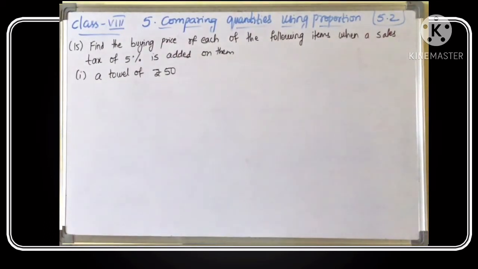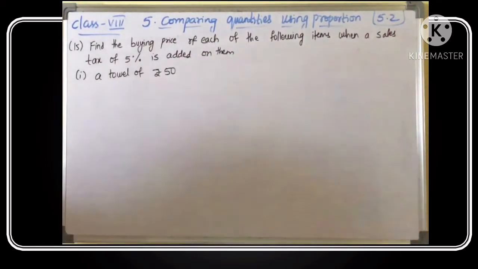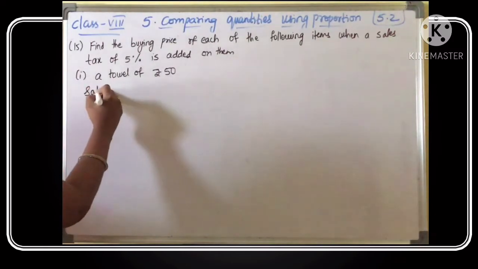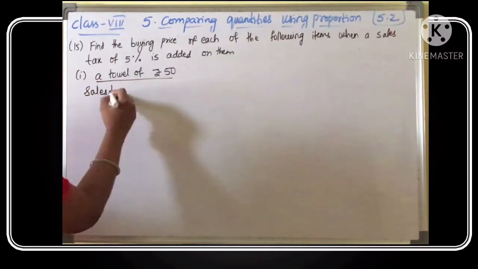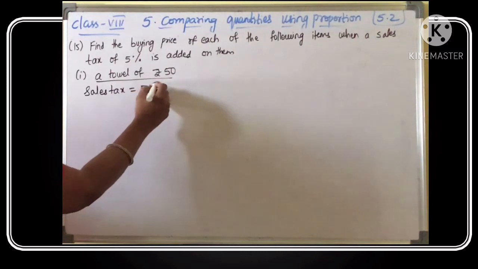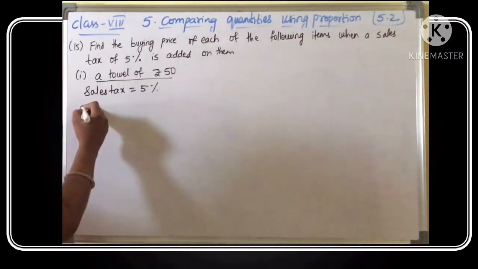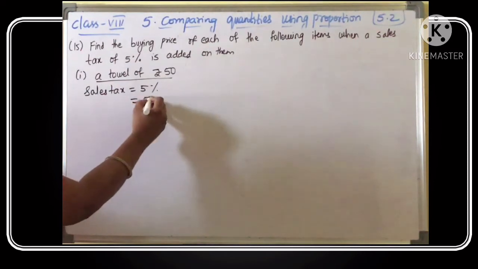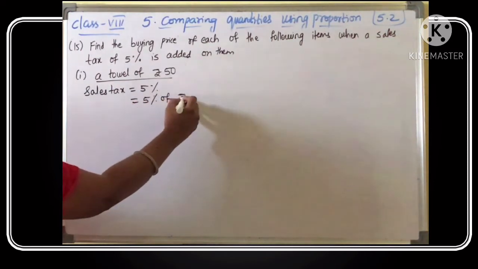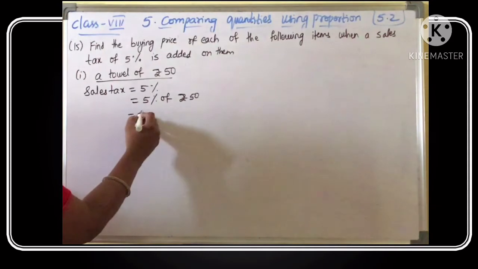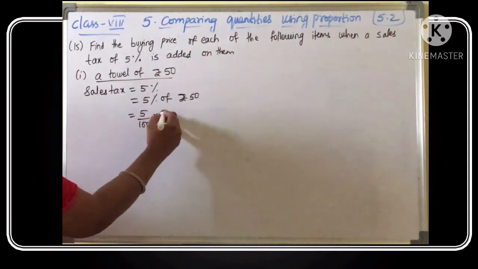Next, 15th question. Find the buying price of each of the following items when a sales tax of 5% is added on them. Here, the sales tax given is 5%, children. Now, the cost of the towel is rupees 50. So we will find the sales tax. That is 5% of rupees 50, which is 5 by 100 into 50.